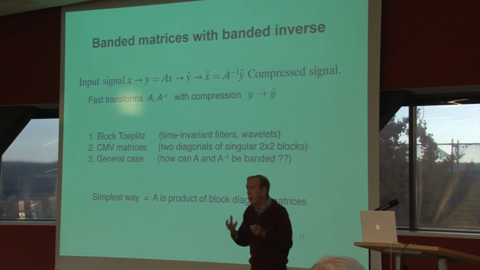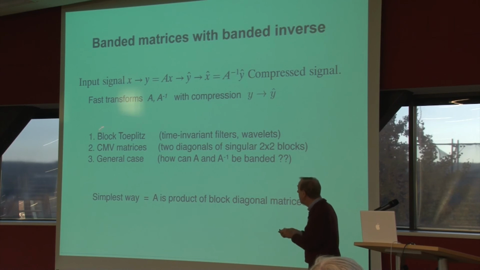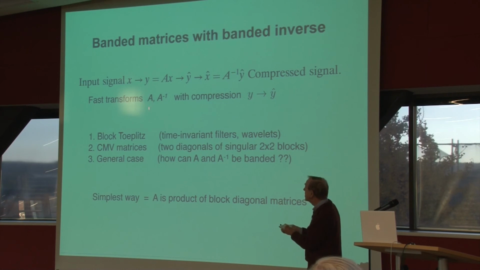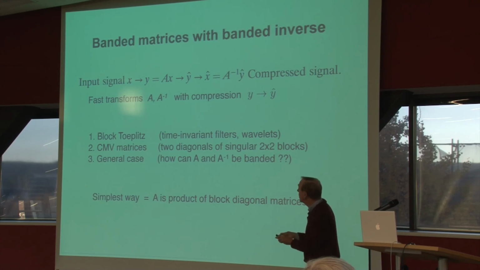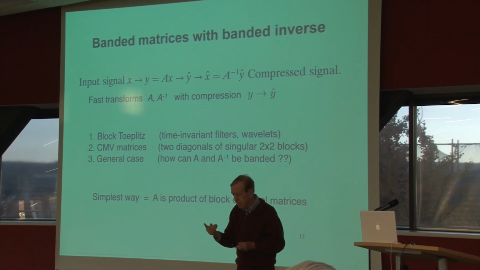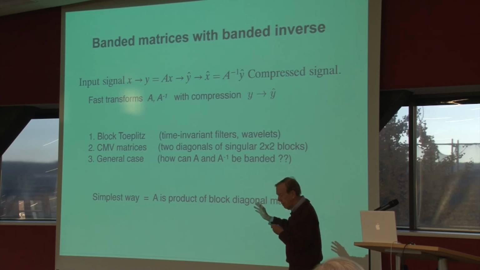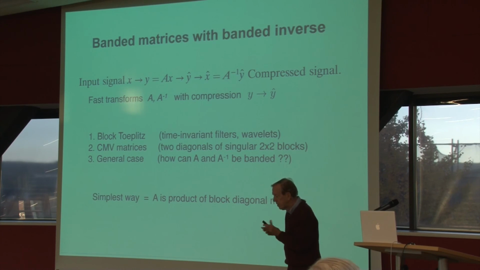And therefore, we have a class of matrices to optimize over, to choose the best or good matrices A for signal processing. Wavelets, of course, are good examples, but other examples are constructed.